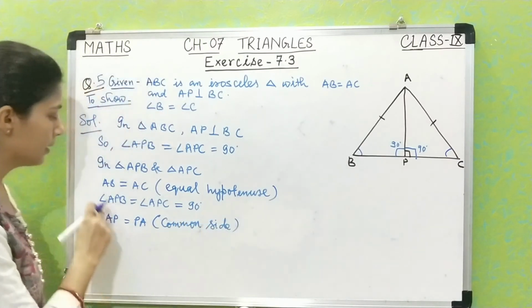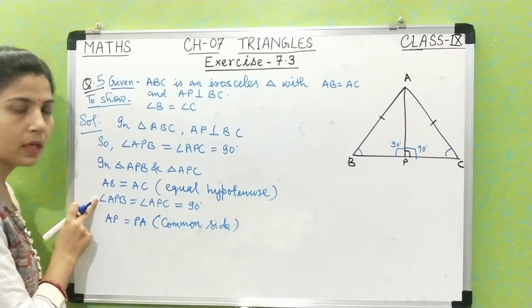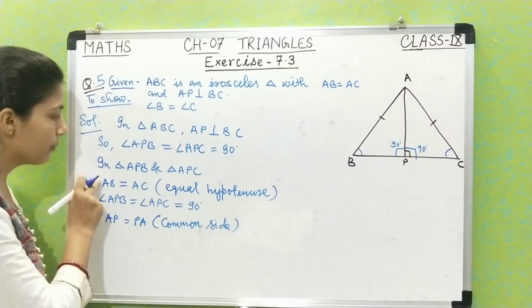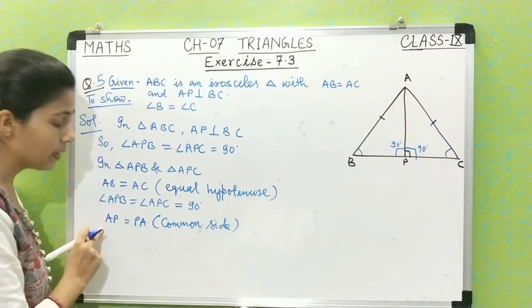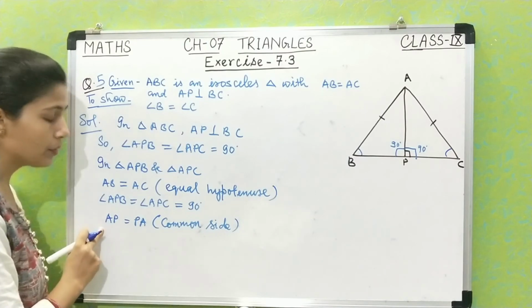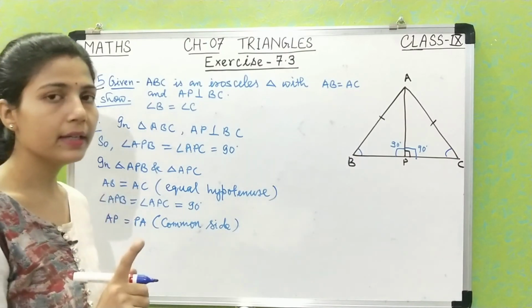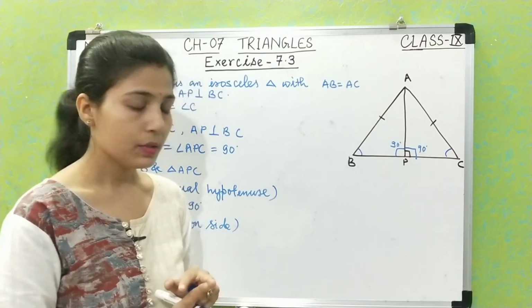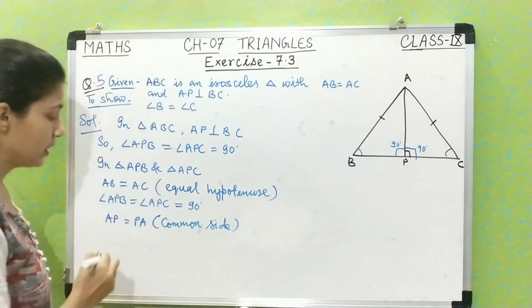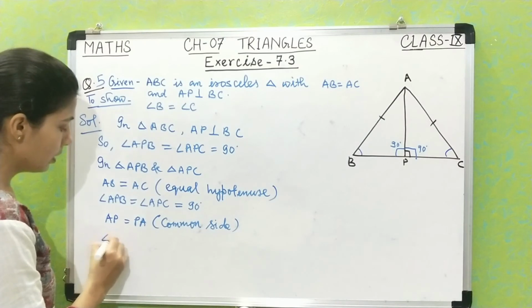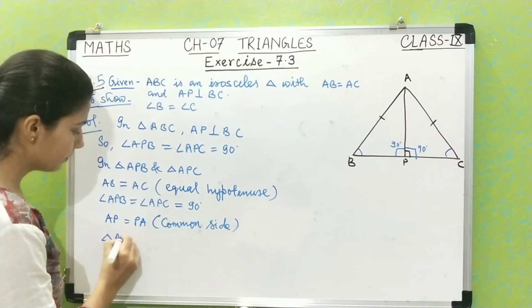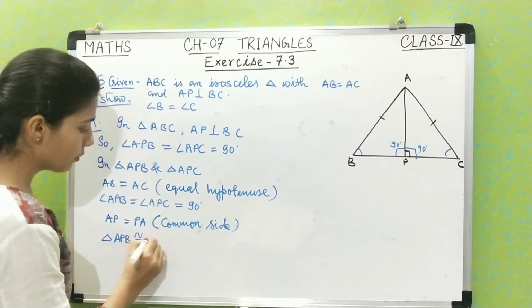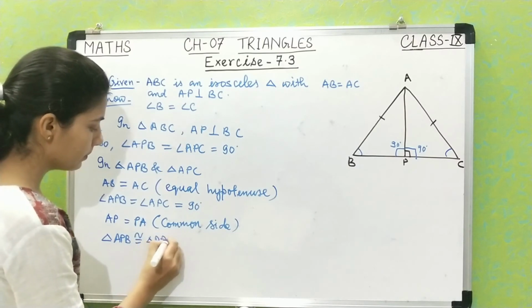Okay, so see here, one pair of right angle, one pair of hypotenuse and one pair of side. So we can apply here RHS rule. So by RHS rule, triangle APB will congruent to triangle APC.